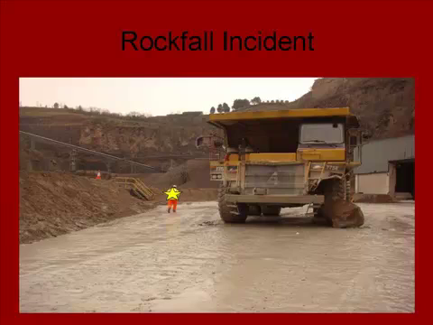There was no prior warning, and the rock impacted on the cab side of the 775, damaging the front steps. This is the main haul road to the primary crusher, which can be seen behind the truck. The dumper had just tipped his load.